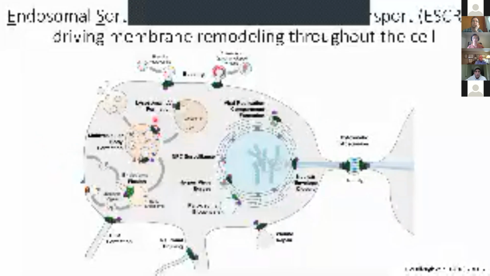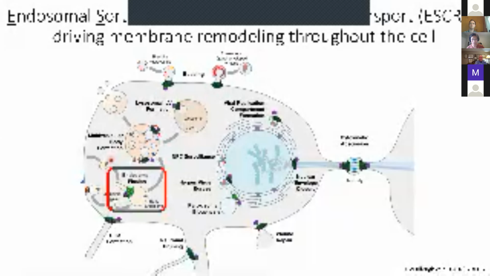Oh, Henry, I'm sorry to interrupt, but your screen's coming out really blurry for some reason, even though it wasn't before. Let me try something real quick. Is that any better? Or is that the same? It's still blurry.